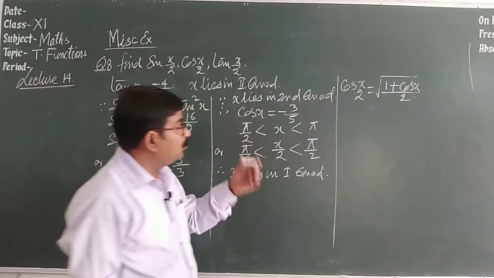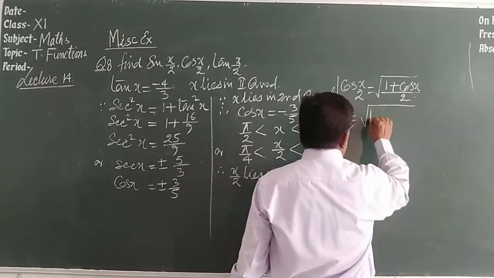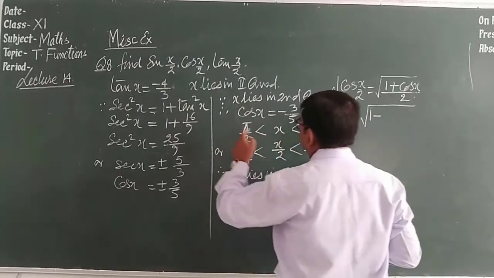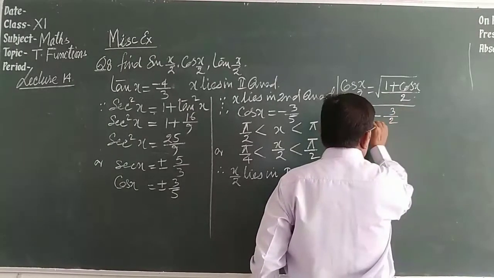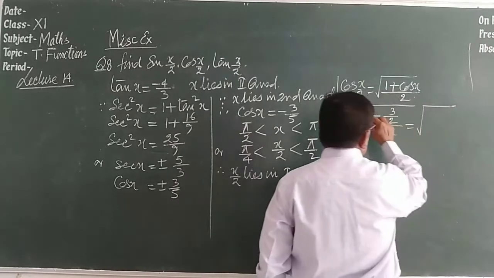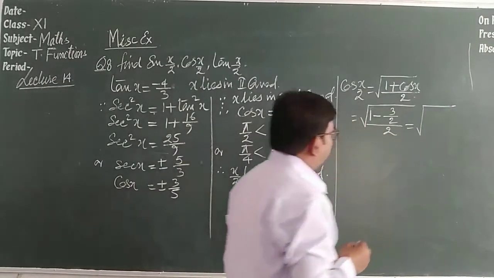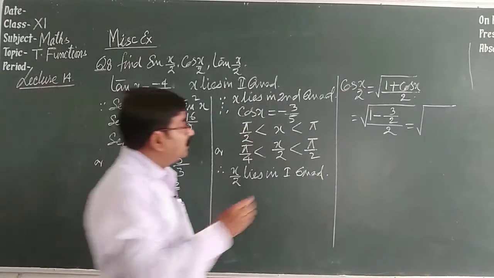So you know the value. Under root 1 minus cos x by 2 is what? We have got minus 3 by 5 upon 2. Solve this. 2 under 2 minus 1 minus 3, this is 3 by 5.